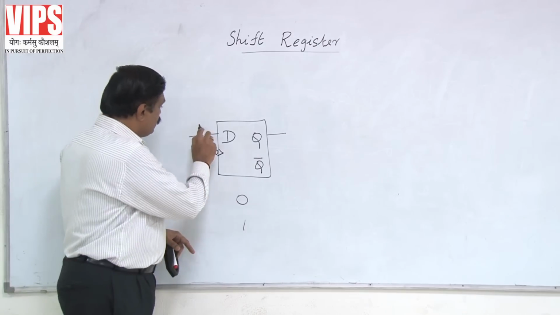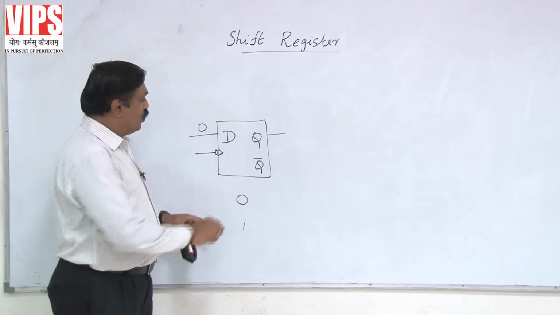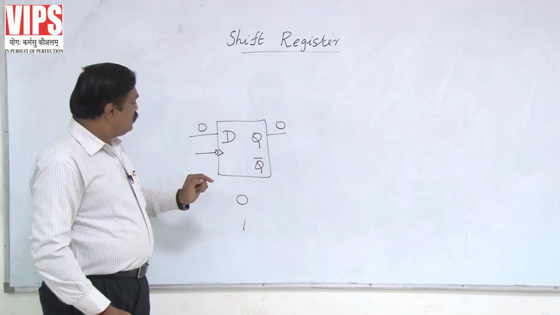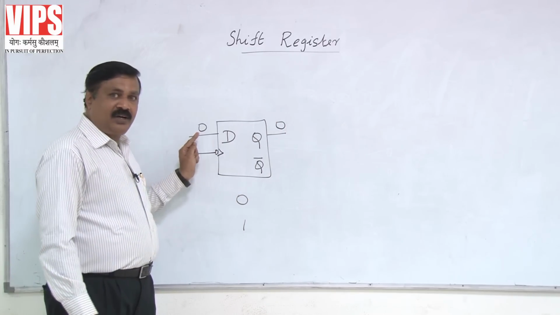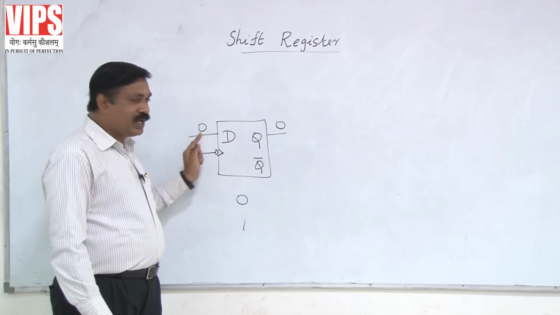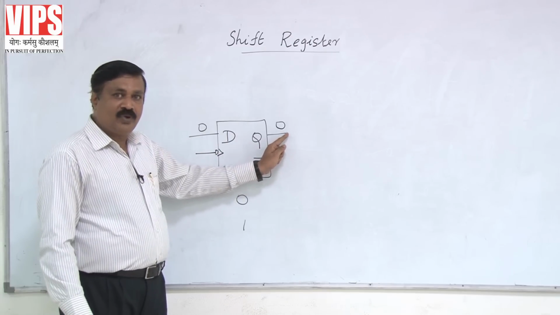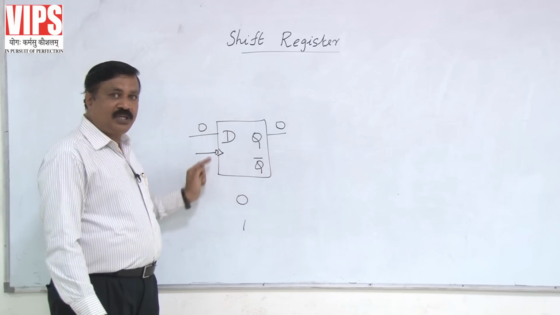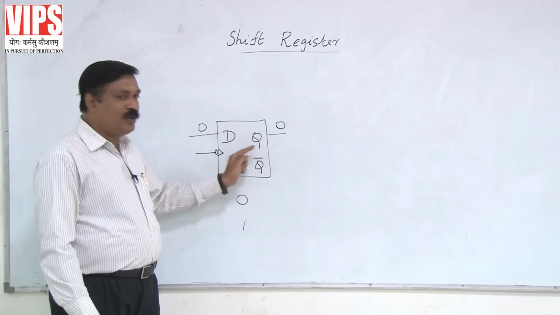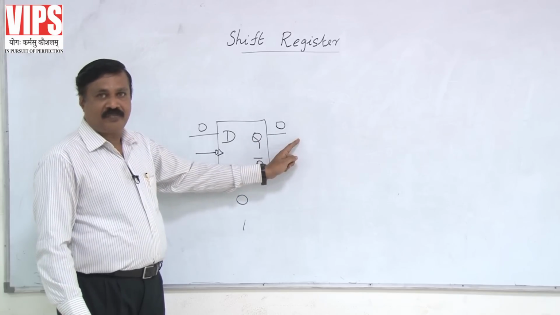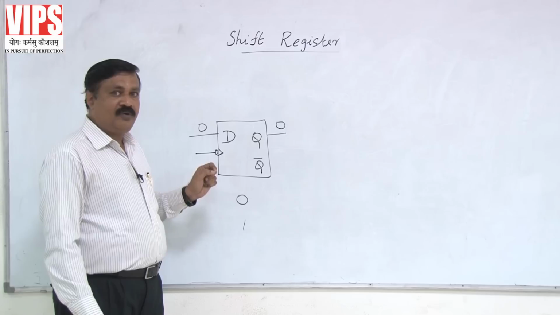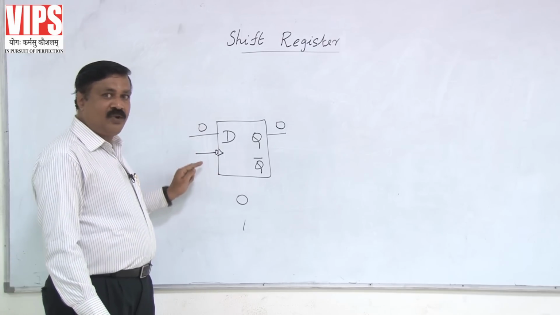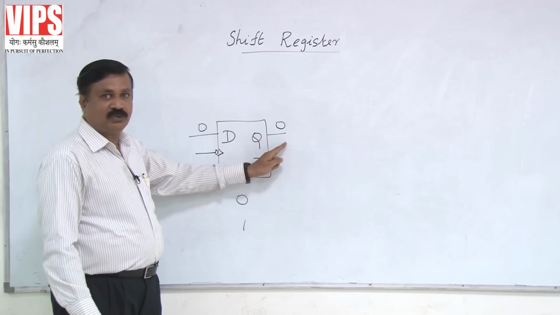If you give 0 here, you will get 0. Please note, if you give the data, that is the input, you cannot receive the output. You have to give the clock pulse also. If you don't give a clock pulse, the output will not be generated. Therefore, you have to give input as well as clock pulse. Then only you will get output.